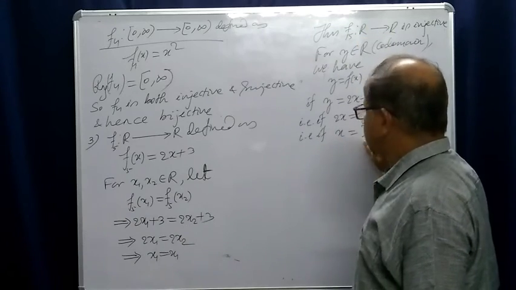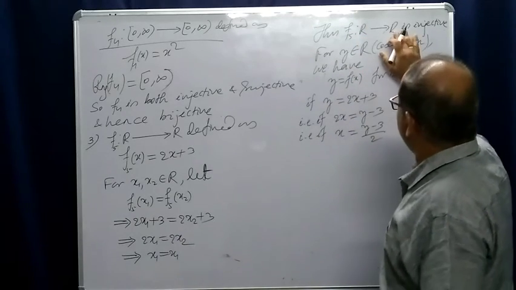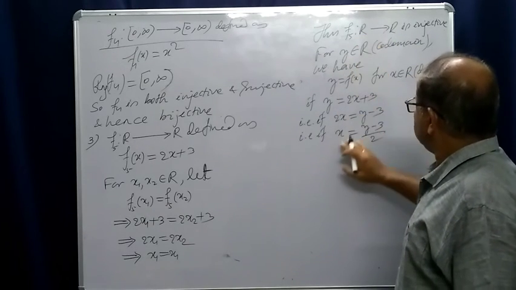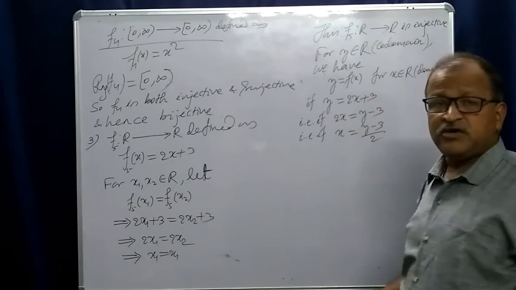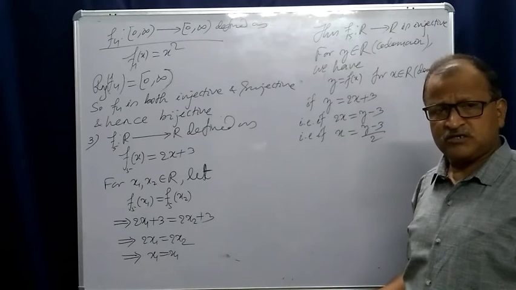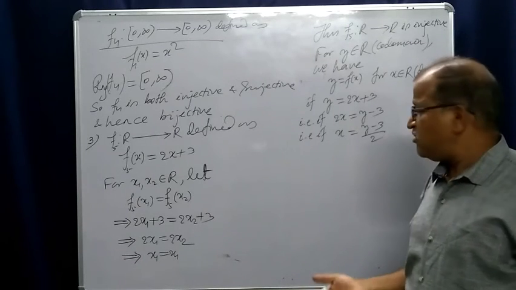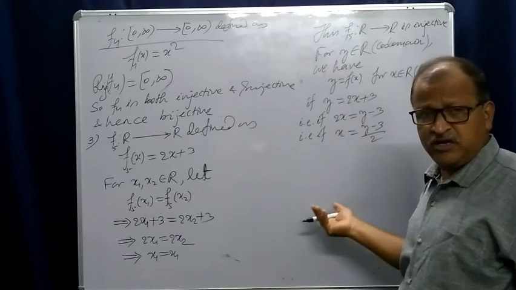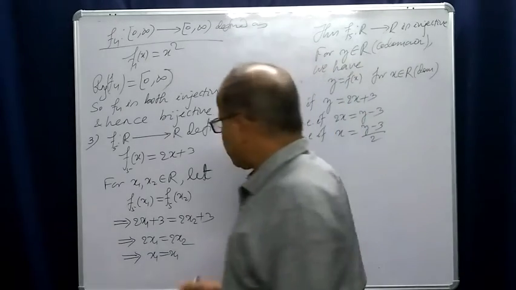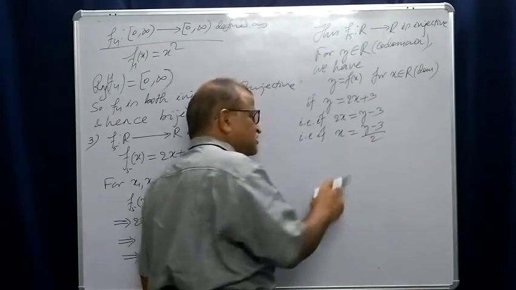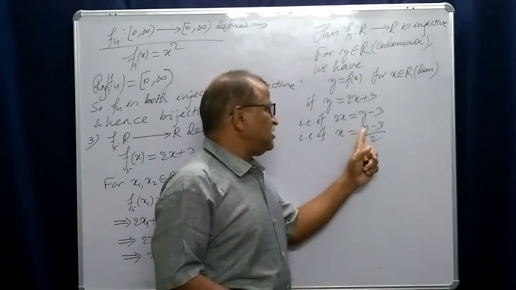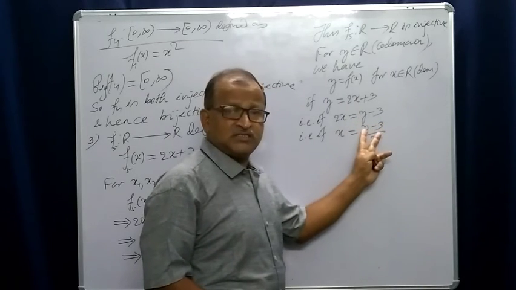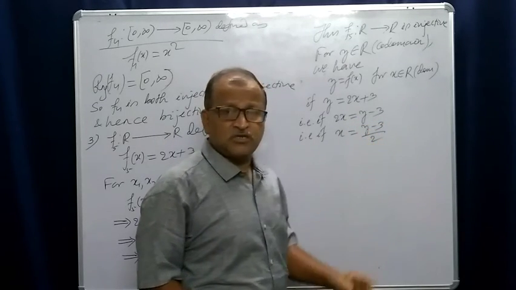Yes, we have got it. For every y in R, we have x in R which is equal to (y minus 3) by 2. So if you know the value of y, you can find its preimage. What is its preimage? (y minus 3) by 2. Okay? For every real y, if y is real, then y minus 3 must be real. And if y minus 3 is real, (y minus 3) by 2 is also real.